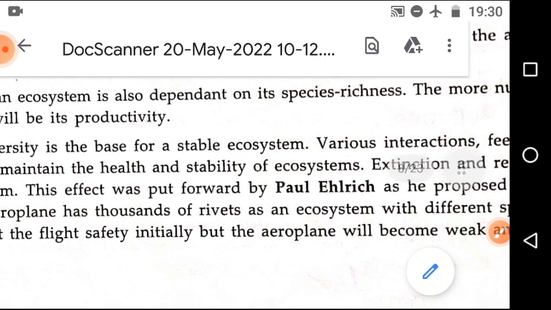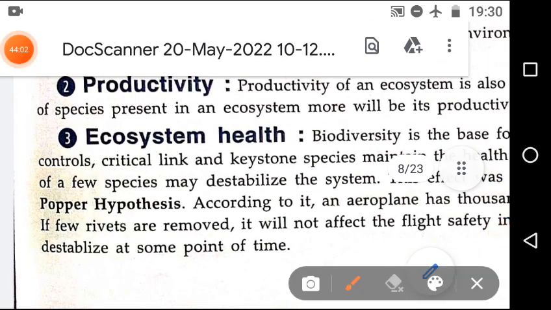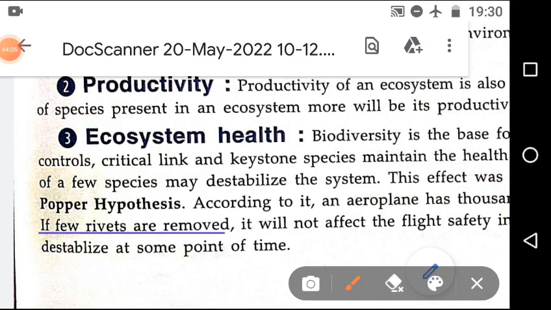Now, he is comparing the aeroplane to an ecosystem, and the rivets, that is the screws which join the metal plates to make that aeroplane, are compared to the species which are living in that ecosystem. Now, it is saying that if a few rivets are removed, suppose in an aeroplane you remove a few rivets, what will happen?